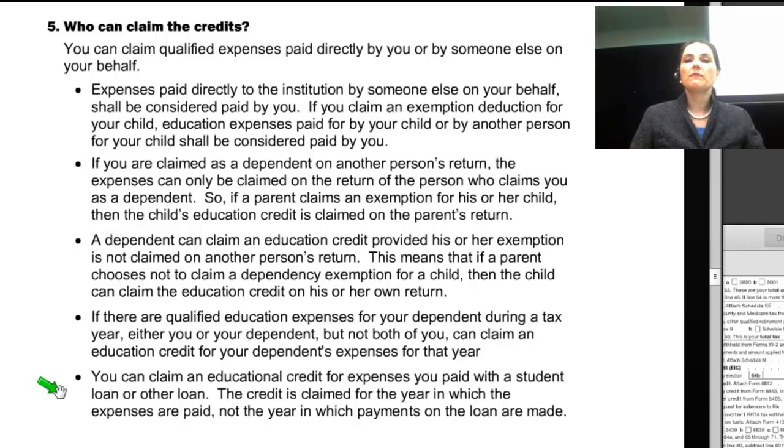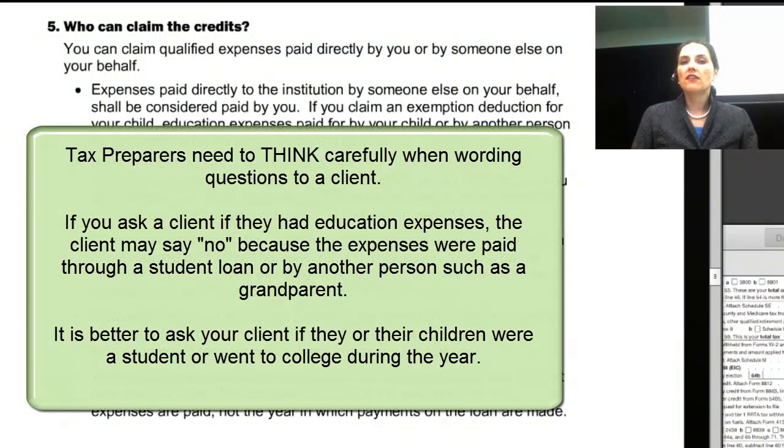Now, this is a really good example of a situation where tax preparers should put careful thought into how they interview tax clients. Because a tax client does not understand tax law. That's why they're coming to a professional tax preparer to get their return prepared. So the tax preparer needs to be aware of the line of reasoning and thinking that may be going on in the mind of the client. For example, if I ask my client, did you have any educational expenses during the year?